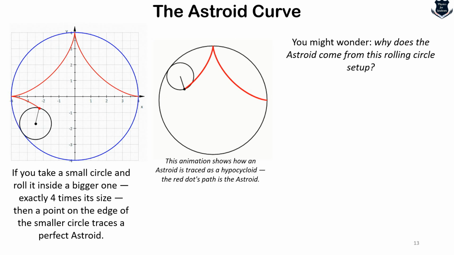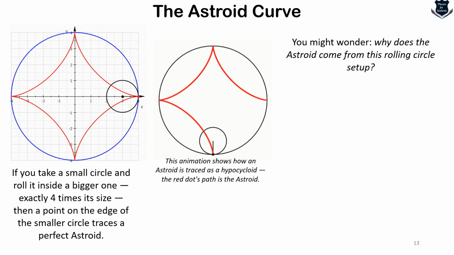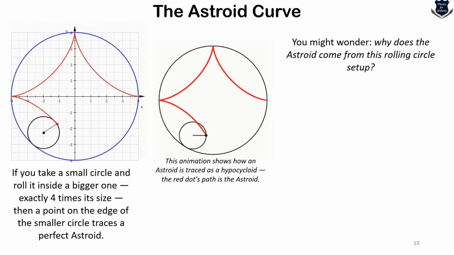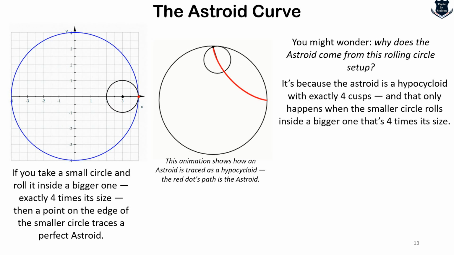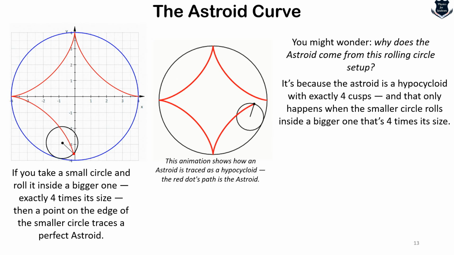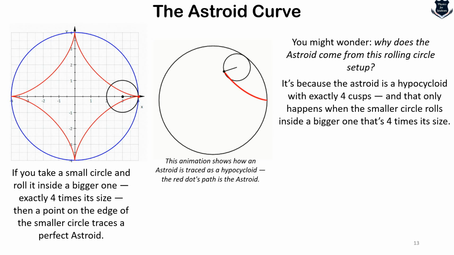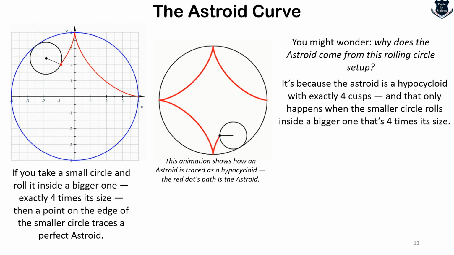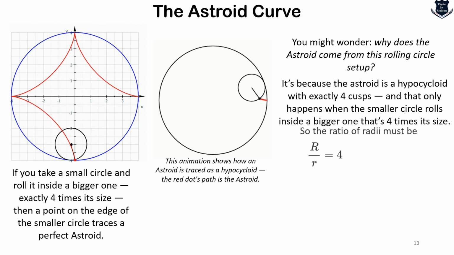So the question is, why does the asteroid come from the rolling of a small circle inside a large circle? If you take a small circle and roll it inside a large circle that is exactly 4 times bigger, this is not just a neat coincidence, it is a case of a family of curves called hypocycloids.